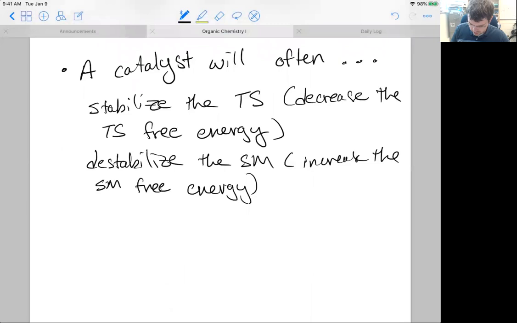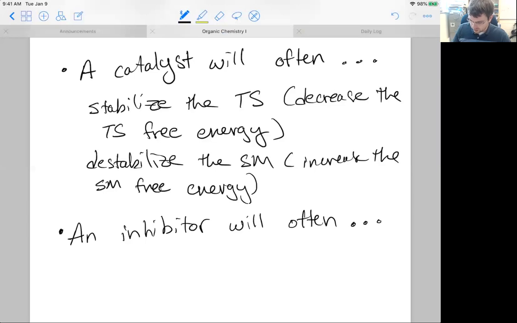Okay, so what we can do is then focus on an inhibitor. We'll get to an intermediate in a second. So an inhibitor will do the opposite. An inhibitor will slow the reaction. And I say will often, it will always slow a reaction.